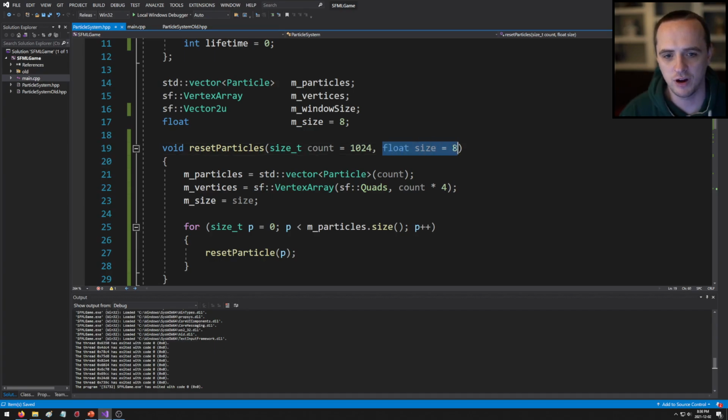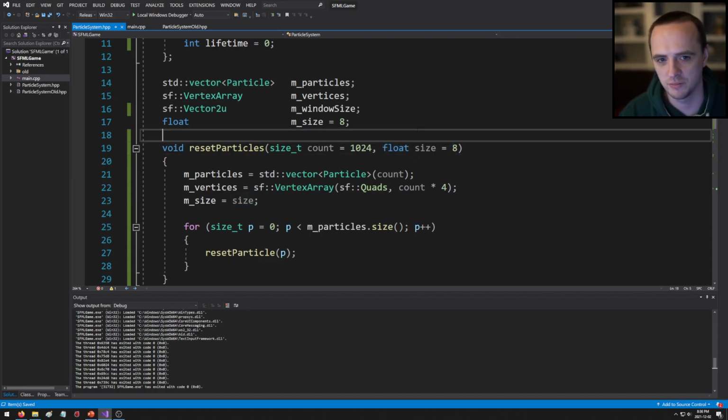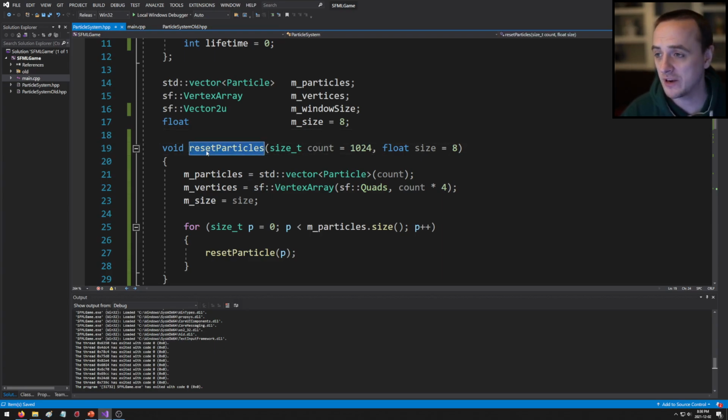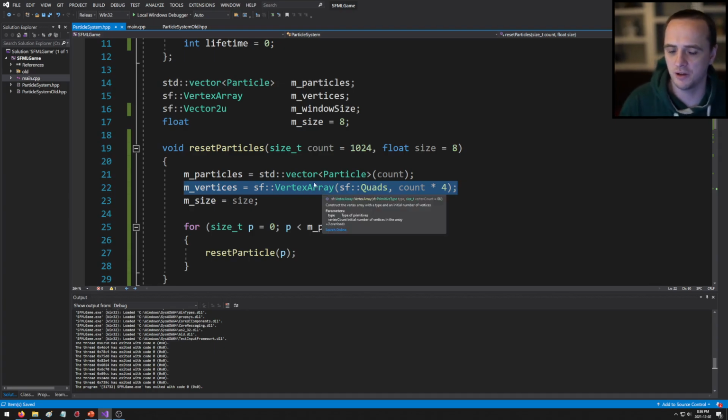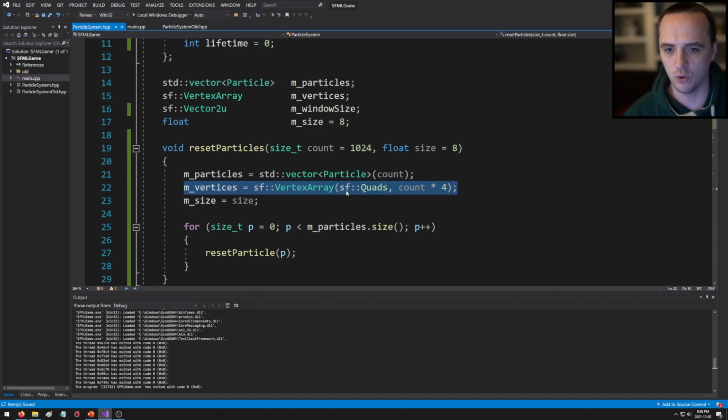And the size of the particles will be defined by this. So whenever I call reset particles, it's going to reset my vector of particles to be of the size that I need. And it's also going to create the vertex array. So remember, all of my particles here are going to be quads.